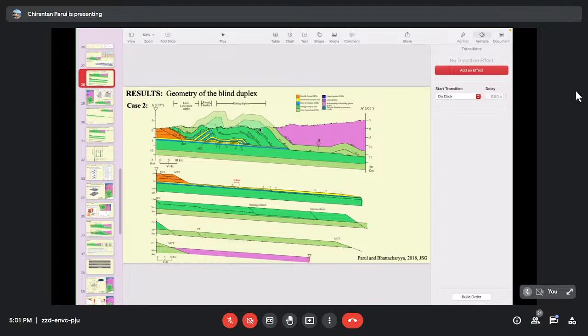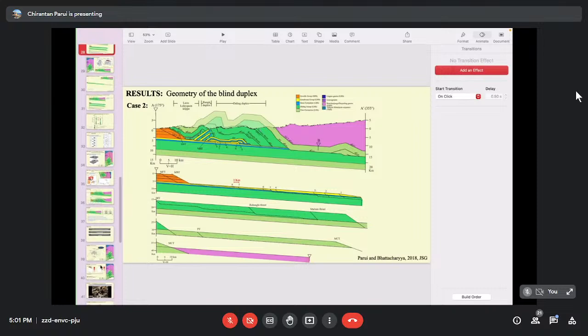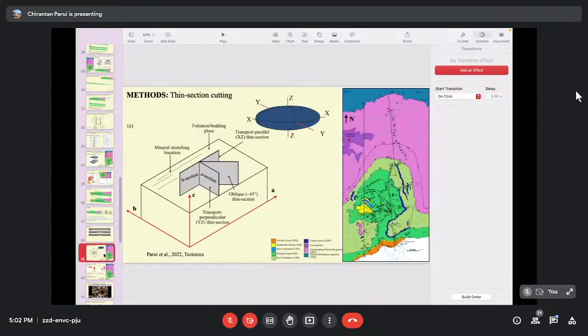But apart from that, I was happy to see, while you were explaining the missing shortening, you mentioned outcrop scale folds, right? Yes. So those are essentially buckling folds? See, I did not really measure the contribution from outcrop scale folds, because they are buckle folds. Professor Bose's work shows there are buckle folds.